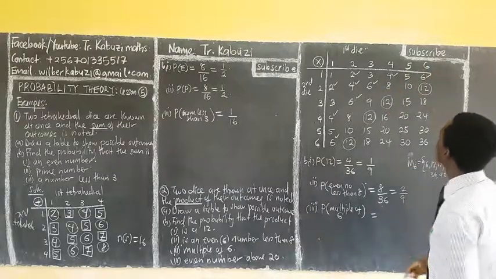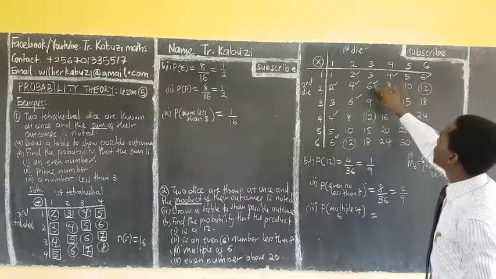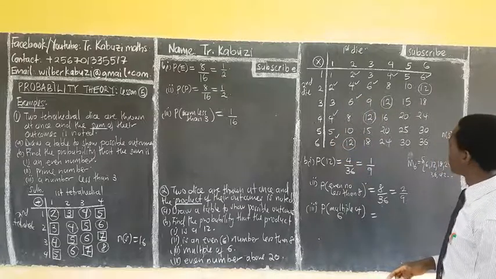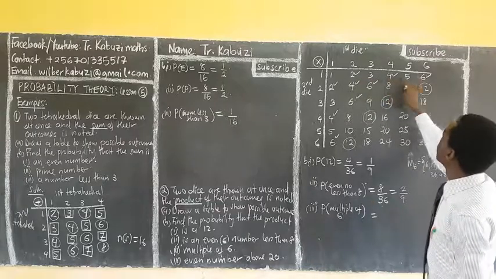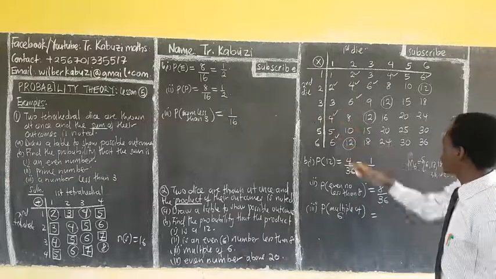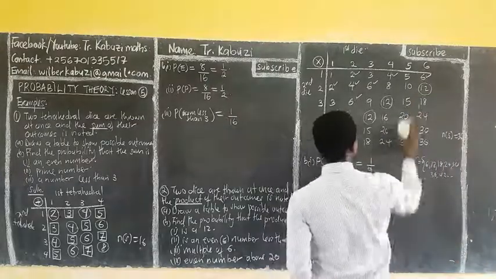This was also an even number less than 8. So even numbers less than 8: 1, 2, 3, 4, 5, 6, 7, 8, 9. Sorry, these were 9. I didn't see this one.